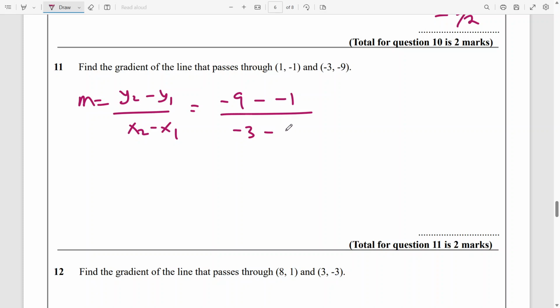Take away x1, which is 1. Now, this is going to simplify to minus 9 plus 1. And of course, minus 3 minus 1 is going to be minus 4. So minus 9 plus 1 is going to be minus 8 divided by minus 4. And if we cancel, it's going to be 2. So the gradient here is going to be 2.